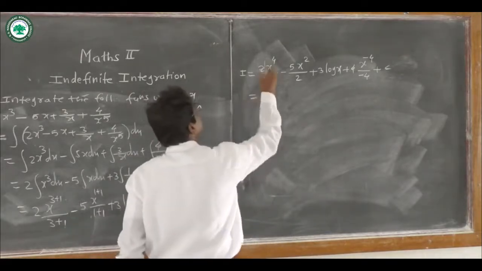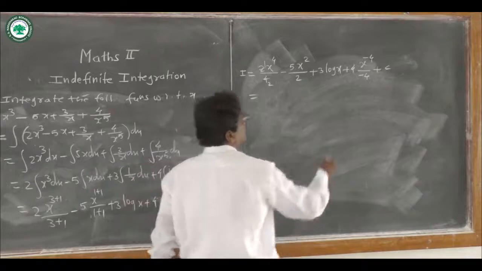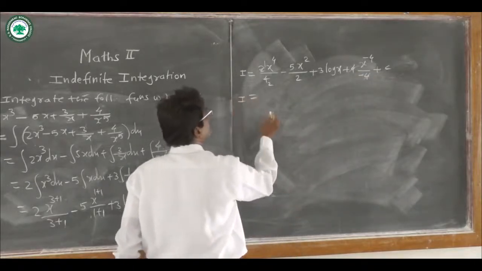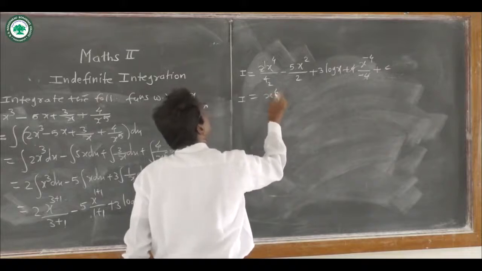Now here 2 1s are 2, 2 2s are 4. Here 4 and 4 get cancelled to each other.